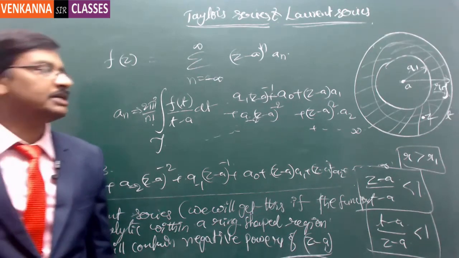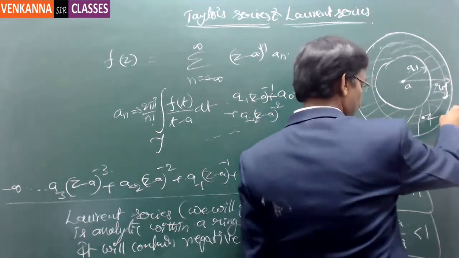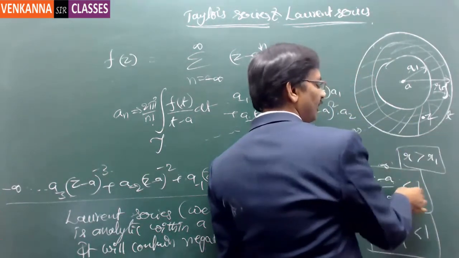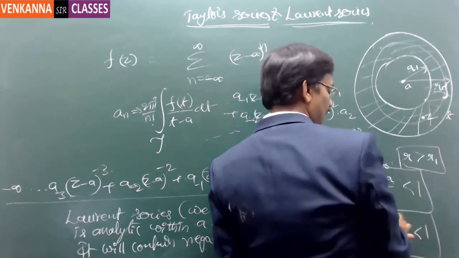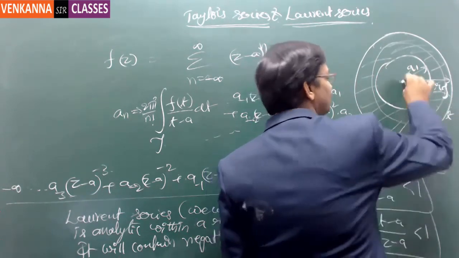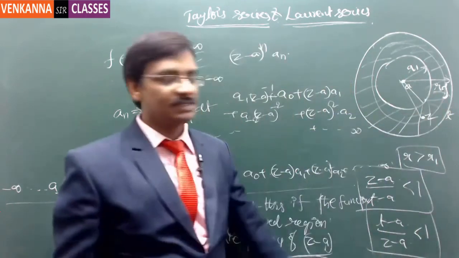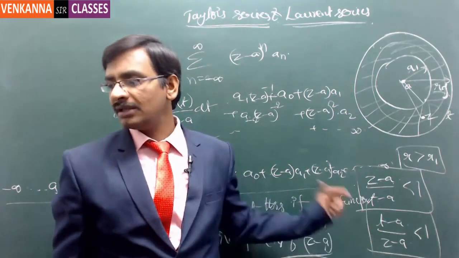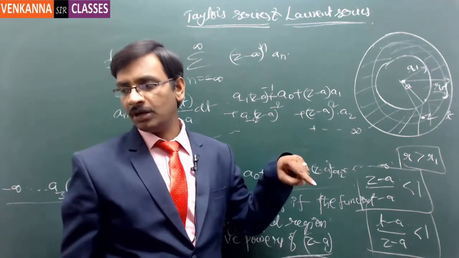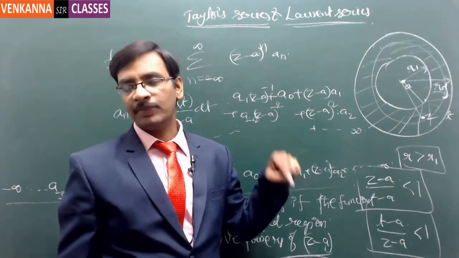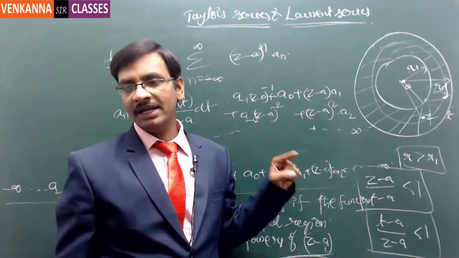(T minus A) by (Z minus A). Now if you consider T on this line, then (Z minus A) by (T minus A) is less than 1. If you consider T on this line, then for (T minus A) by (Z minus A), T minus A is this length and Z minus A is this length, so (T minus A) by (Z minus A) is less than 1. If you understand the Taylor series clearly, there I used one important property for the expansion with the help of binomial expansion for a convergent series, wherein I identified a contour.